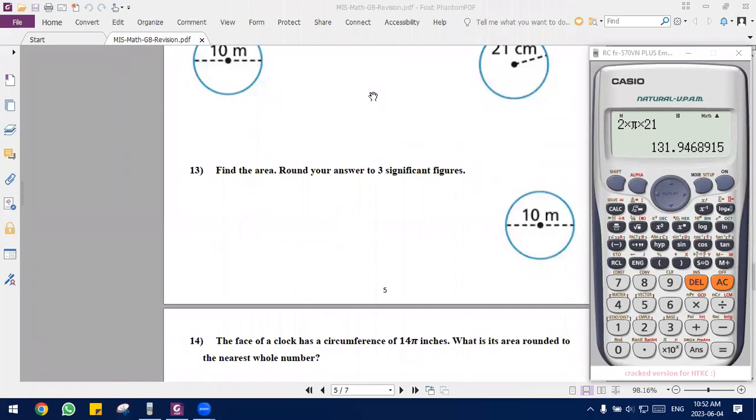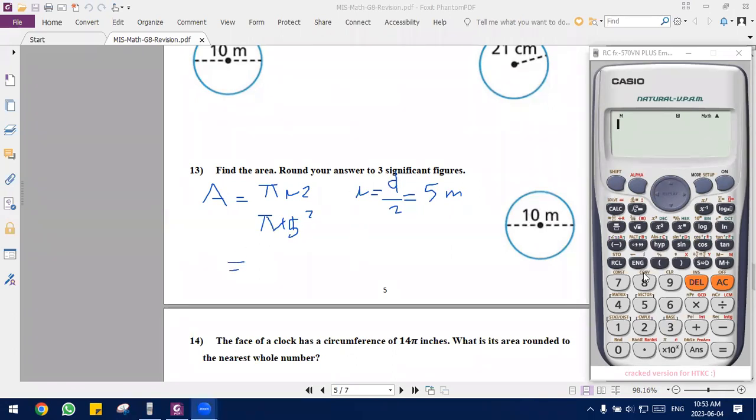Find the area and round your answer to 3 significant figures. First of all, we write the formula of the area. Area is equal to pi r squared. But here the circle gives me d, not r. D is 10. So how can I find r? R is equal to d over 2. So 10 over 2 is 5. So r is 5. Now I write pi times 5 squared.